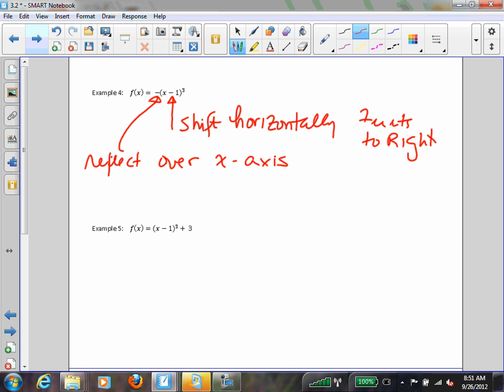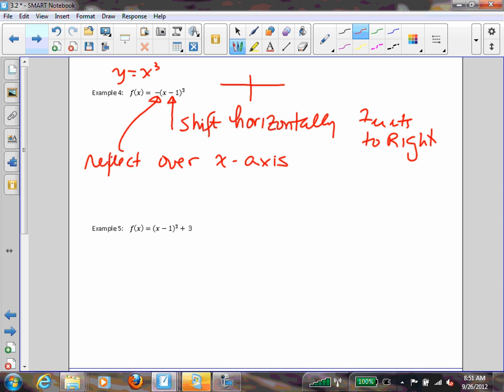What would the parent function be? This is still cubed. This is y equals x cubed. So the negative sign flips it. So instead of being here and here, we're now here and here, right? And we moved it 1 unit up. No, that's wrong. We moved it 1 unit to the right. So we're doing this. Okay?